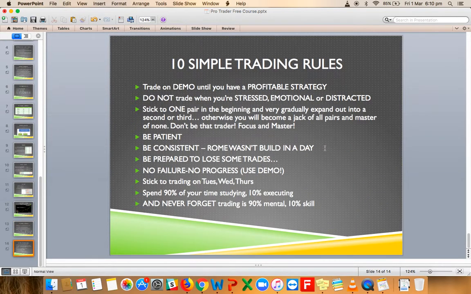Now, the simple trading rules you must know. The rules that will guide you, help you, assist you, support you, and prevent you from losing money in this trading business. 1. Trade on demo until you have a profitable strategy. Yes, trade on demo consistently until you have a profitable strategy.